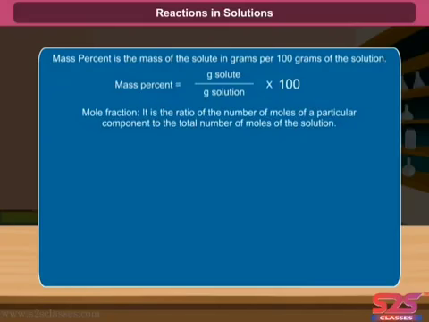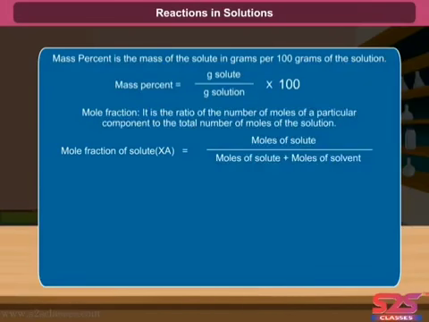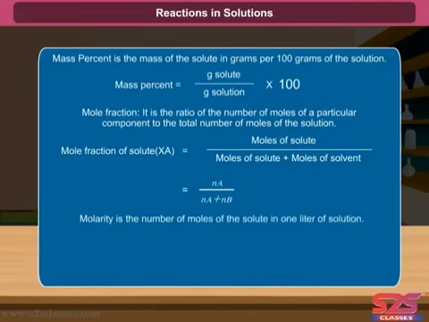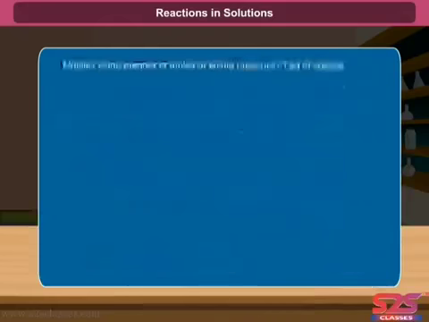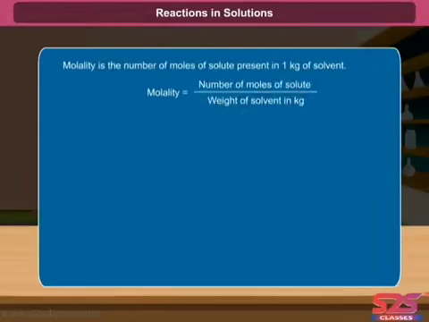Mole fraction is the ratio of the number of moles of a particular component to the total number of moles of the solution. Molarity is the number of moles of the solute in 1 liter of solution. The unit of molarity is moles per liter. Molality is the number of moles of solute present in 1 kilogram of solvent.